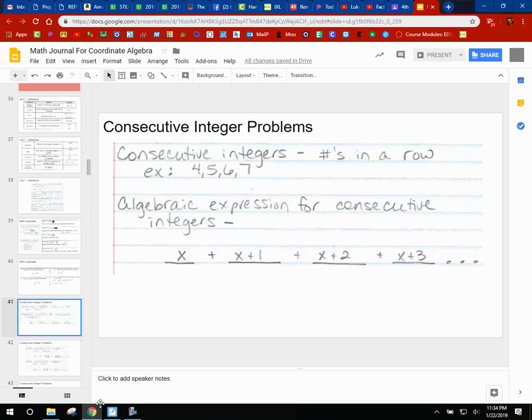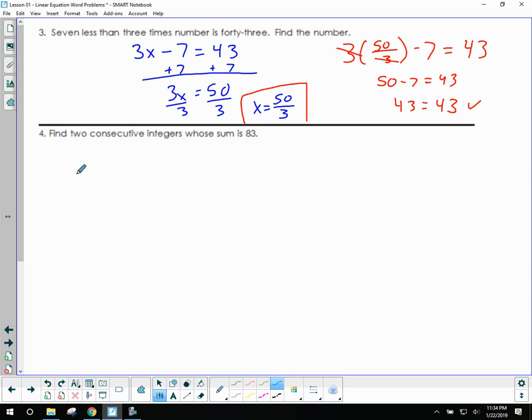Alright, sounds easy enough. Let me explain real quick where this equation comes from. Let's just go with the basics. If we had 1, 2, 3, 4, 5, these are consecutive integers. And where that formula comes from is, well, let's say the first one's x.